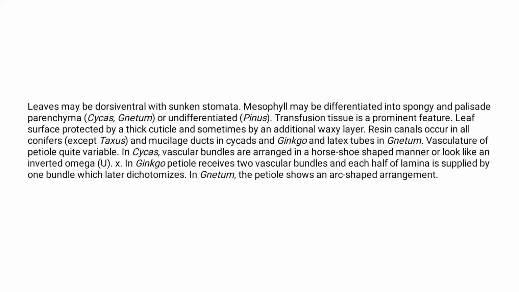Why it is poorly developed, I told in the last session: most of the gymnosperms are present in harsh climatic conditions. Either they are present in desert areas, wherein you will find less water or the temperature is more, or they are present in cold climatic regions. Since they are present in harsh environmental conditions, they have to prevent excessive water loss.